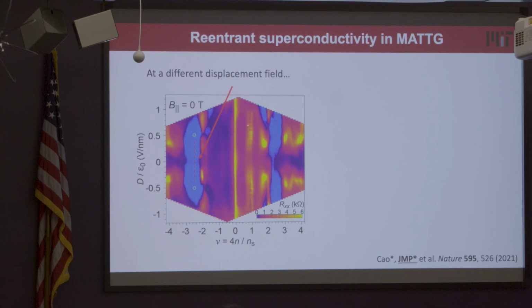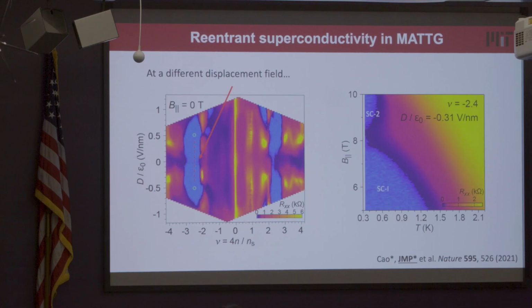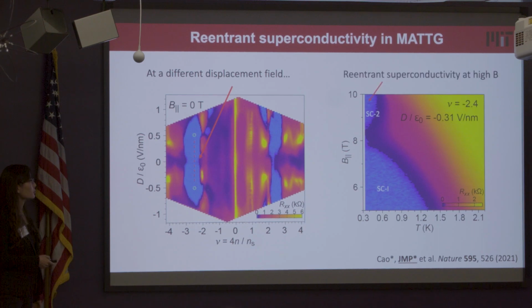And now if we tune to a different point in this phase space, we can see something that's even more striking. Once we kill the first dome of superconductivity at around 8 Tesla in-plane field, if you apply even higher in-plane field, you actually start seeing a new dome of superconductivity. This reentrant superconductivity at higher magnetic field, in combination with the Pauli limit violation, tells you that the spin structure of the magic angle twisted trilayer graphene is pretty unlikely to be a simple spin singlet.